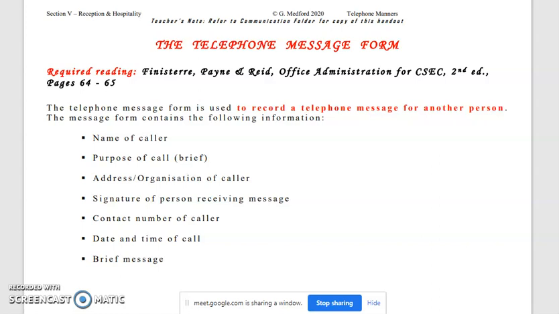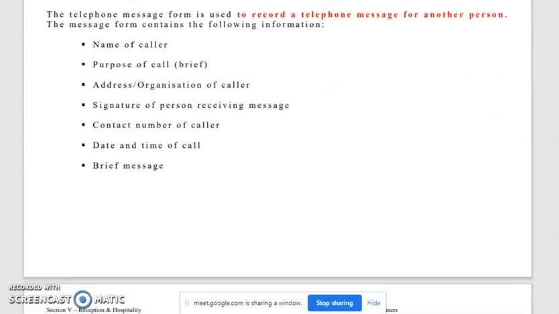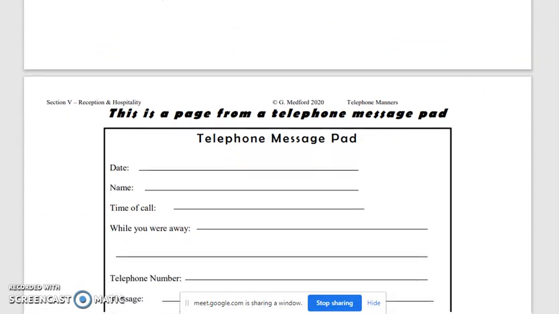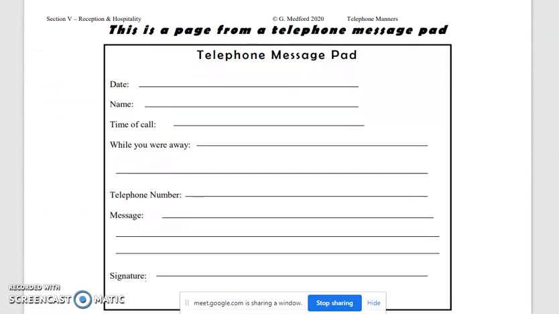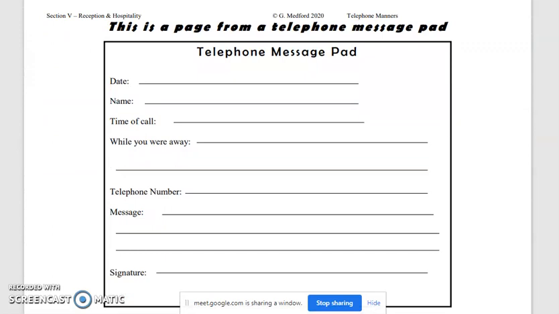So the important information that you need to record is the name of the caller, the purpose of the call, the address or organization of the caller. You sign the telephone message form as the person receiving the message, the contact number of the caller, the date and time of the call, and a brief message. All right? So here we have an example of a page from a telephone message pad, where the information will be transferred.